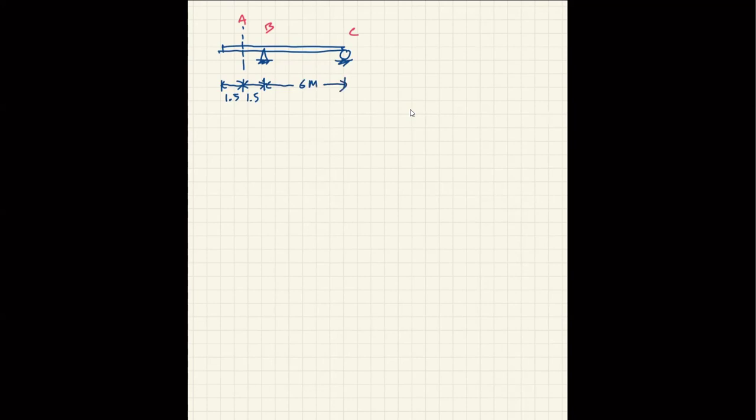Okay, and we'll try to use Muller-Breslau to obtain, say, the reactions. VA. Let's skip the added support because it's kind of tough to understand and it's just not going to help with the influence line of the indeterminate structure. So let's go for this.